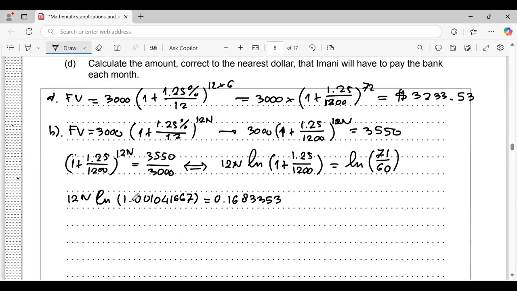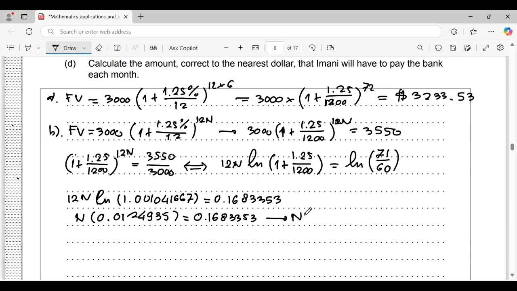Next, 12 times log of this number. So n times 0.0124935 equals 0.1683353.